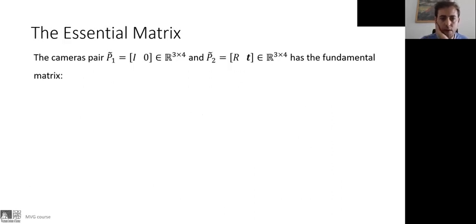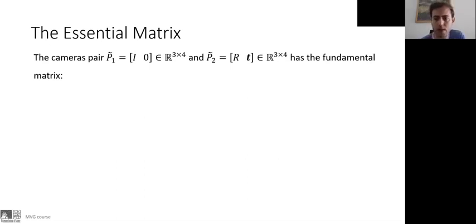Okay, so I have 2 cameras, P1 tilde and P2 tilde, of this form. So what is the fundamental matrix between these 2 cameras? Can someone remember the closed form? Given cameras, we know how to extract the fundamental matrix between them.